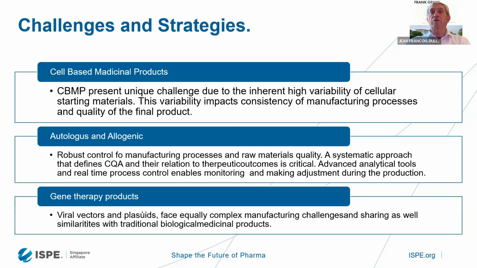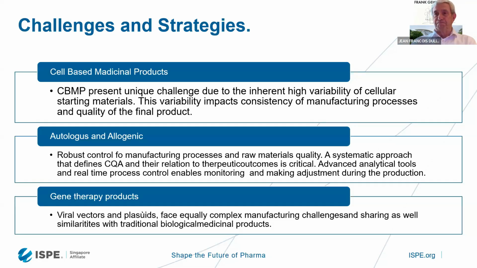And this point is really critical because we will not have, as in small molecules, the three magic batches. Once it's validated, we can run the process, and we could always have the same product.